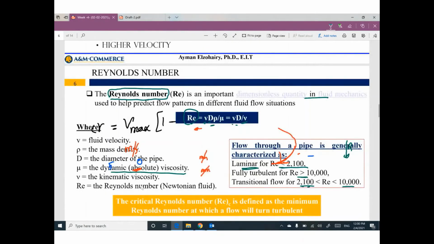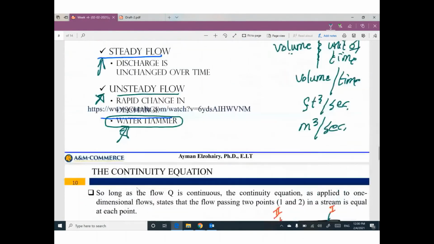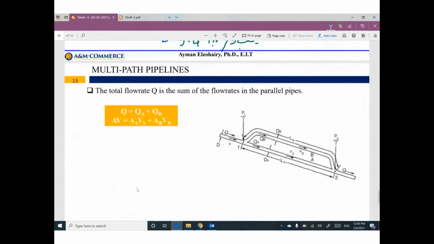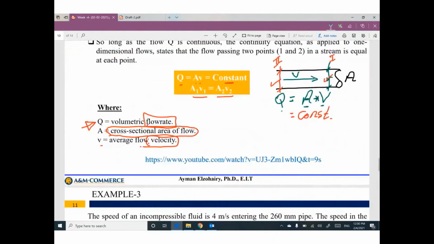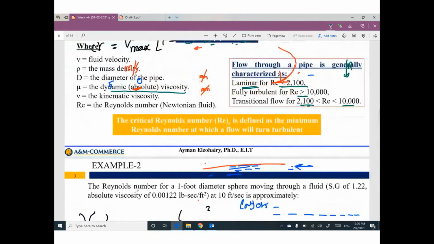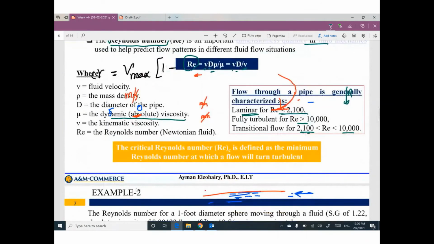Okay, read the problem carefully. The temperature is given, 12 degrees Celsius. I don't care. The kinematic viscosity of water. This is nu.